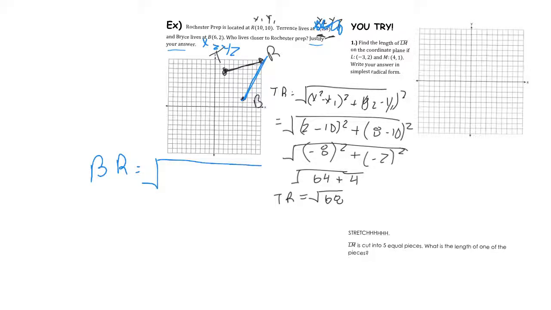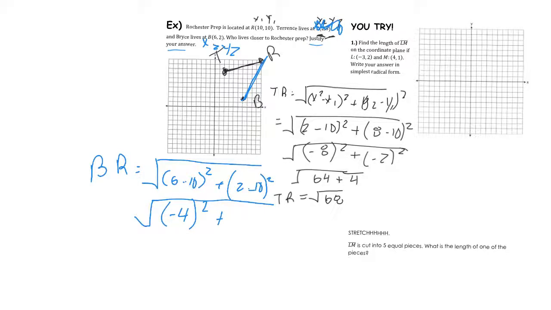It's x2 minus x1. It's the same distance formula. I'm just going to start substituting now. x2 is 6 minus 10 squared plus y2 is 2 minus 10 squared for y1. 6 minus 10 is negative 4 squared.